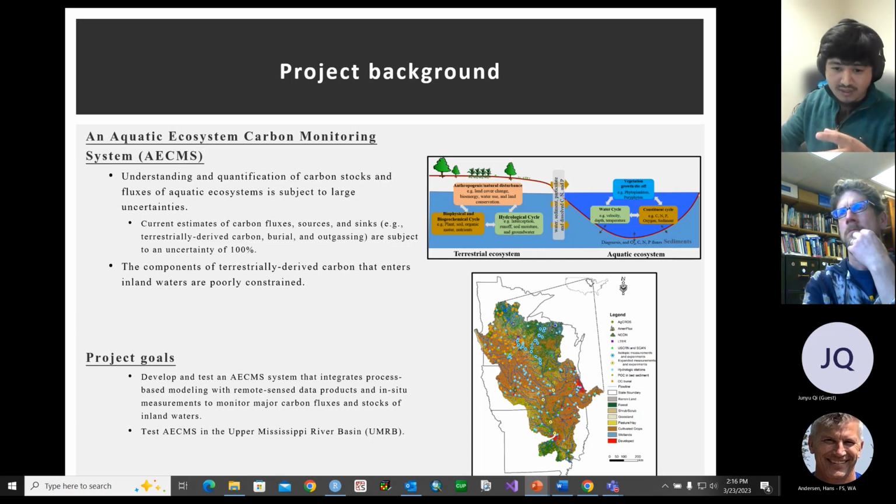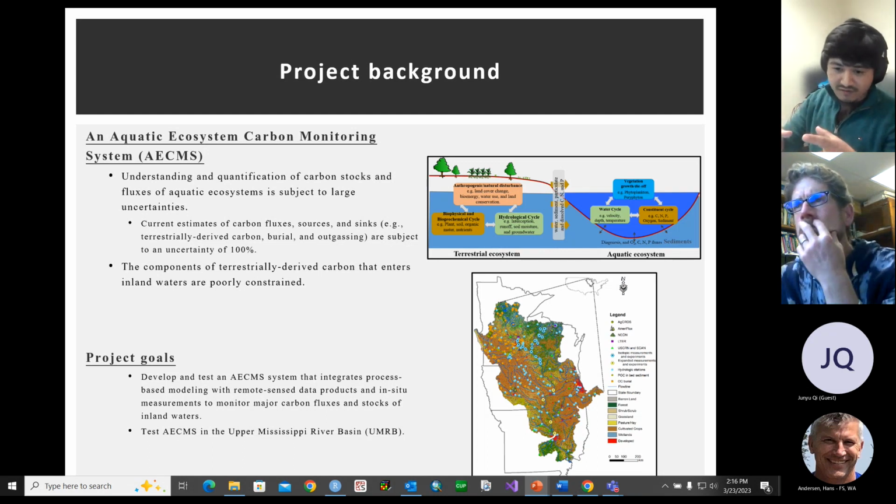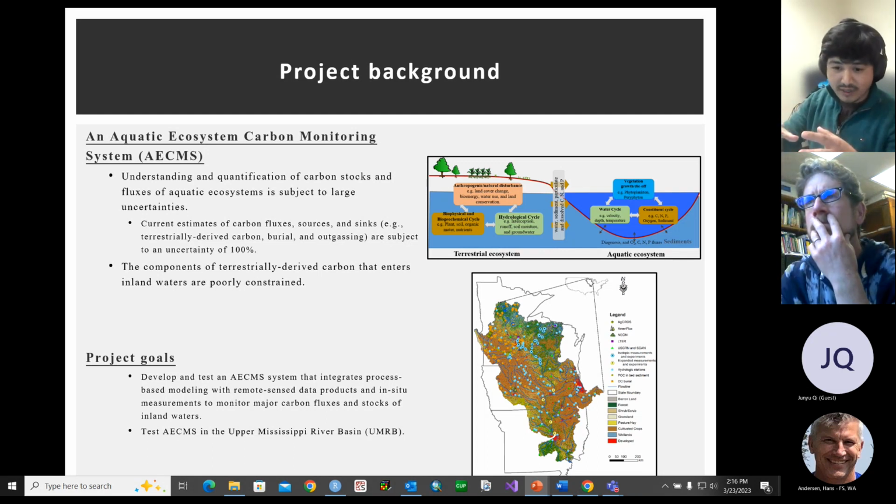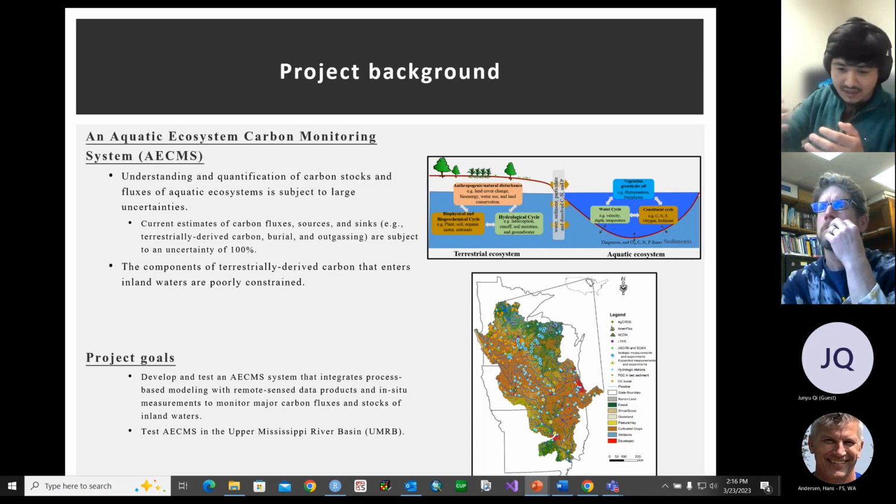We will be using SWAT-C to quantify the terrestrial carbon storage and the terrestrial carbon fluxes going into the aquatic component, and then also quantify all these carbon components in the aquatic systems as well, so rivers, ponds, lakes, in the upper Mississippi River Basin. And this is the study watershed that you see on the bottom right here.